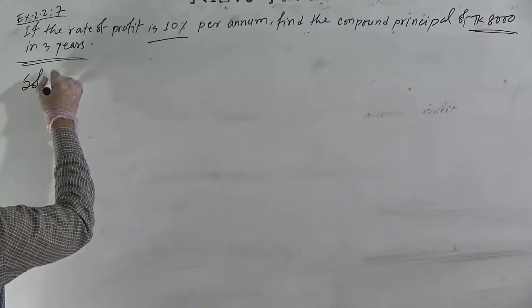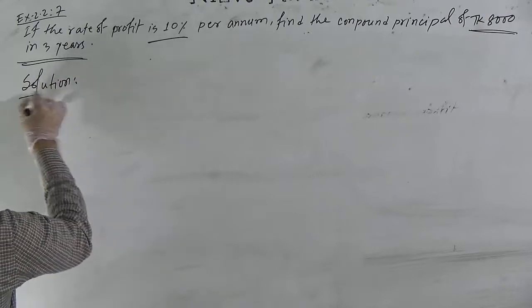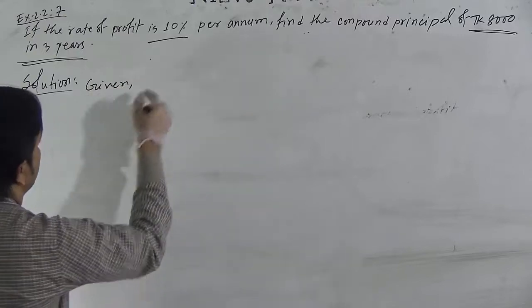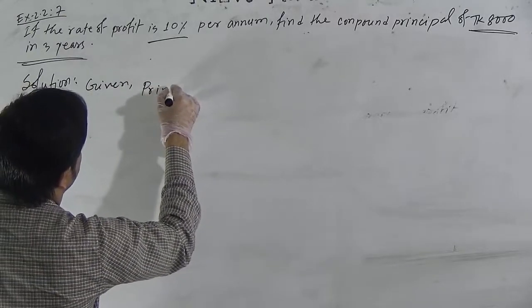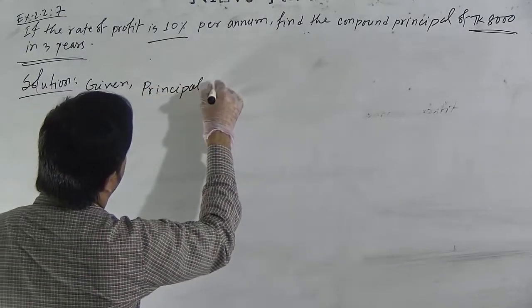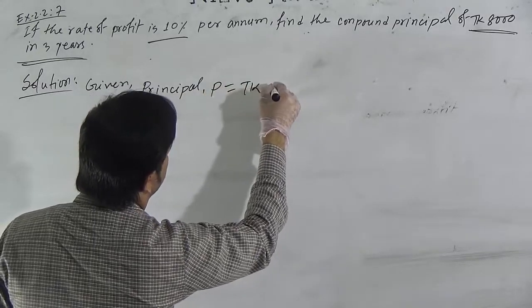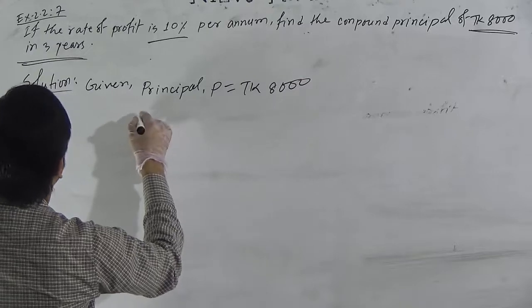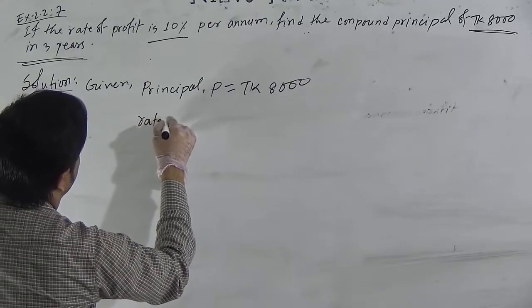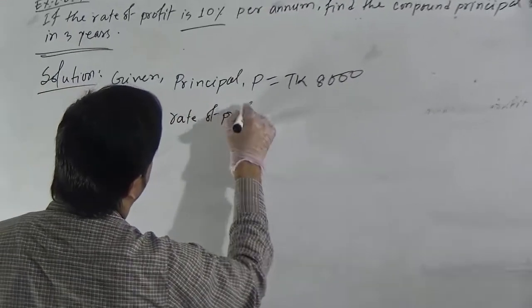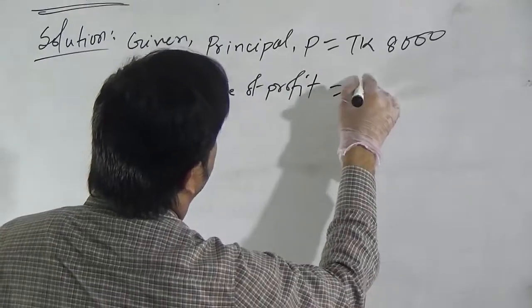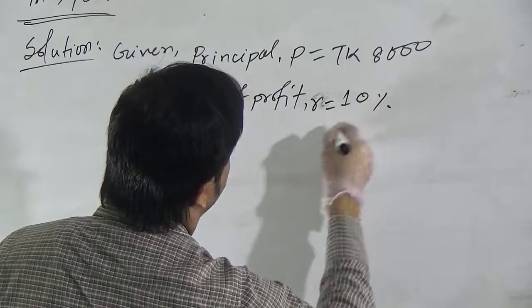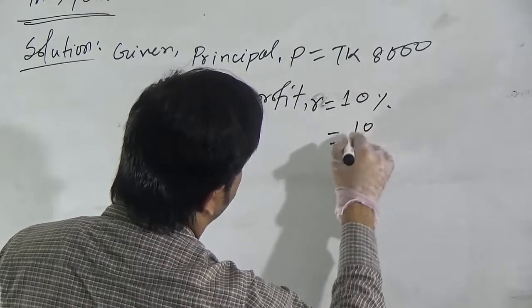So we can write given principal P equal to taka 8,000, rate of profit 10%, R equal to 10%, means 10 by 100.